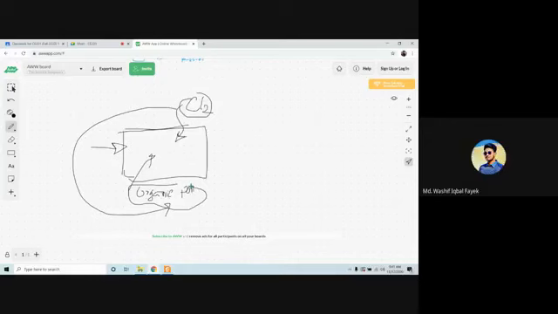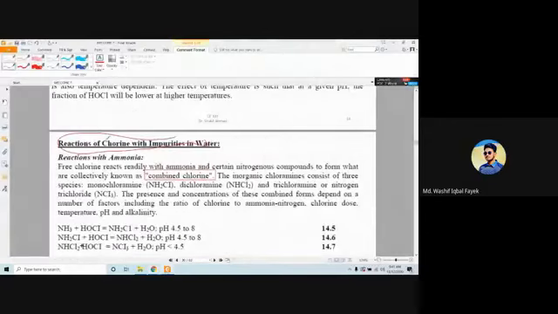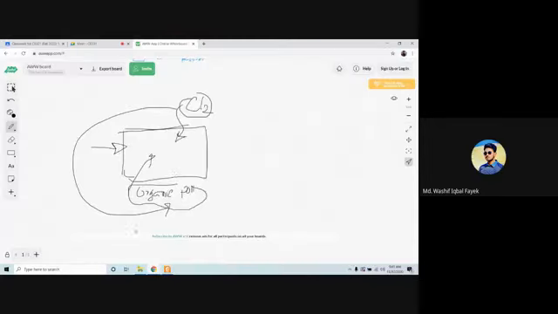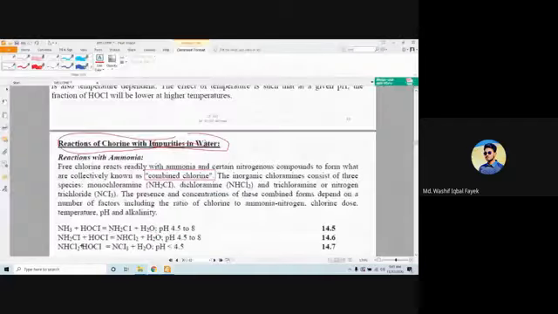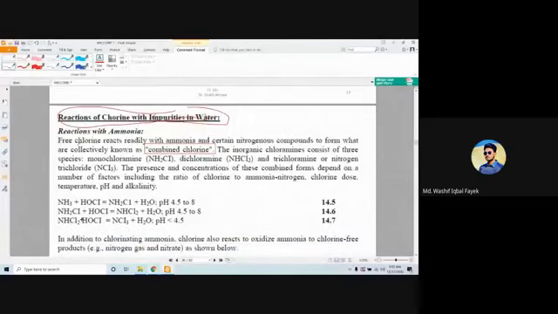Yes, sir. Okay. So reactions of chlorine with impurities in water. These impurities can be organic pollutants or any other types of pollutants. Reaction with ammonia.